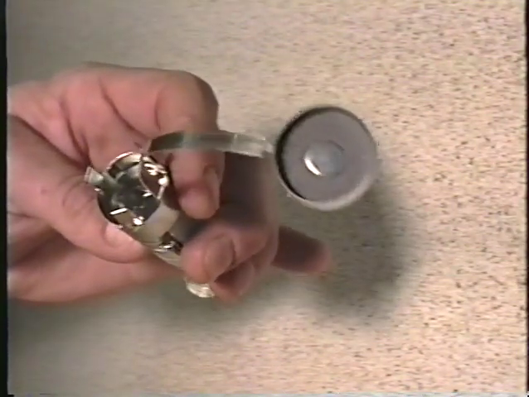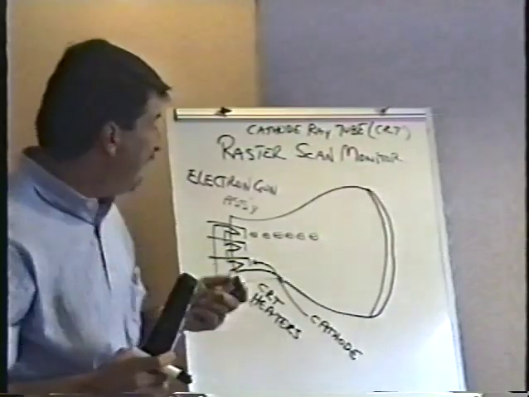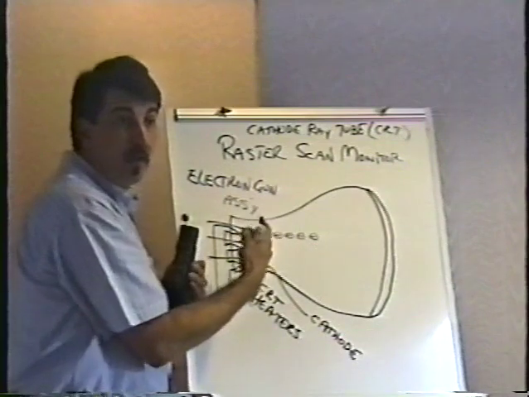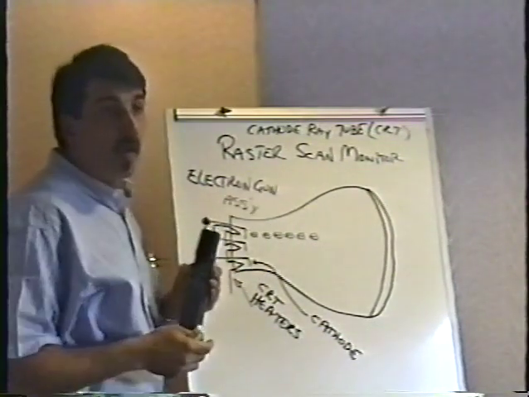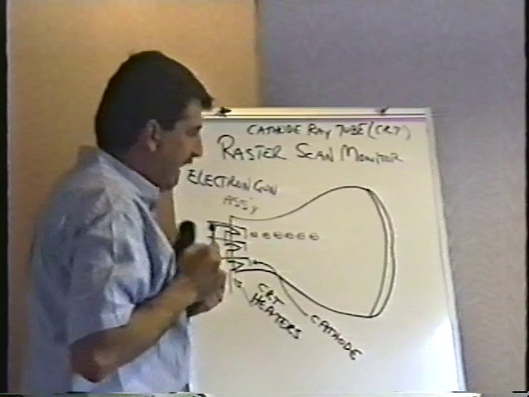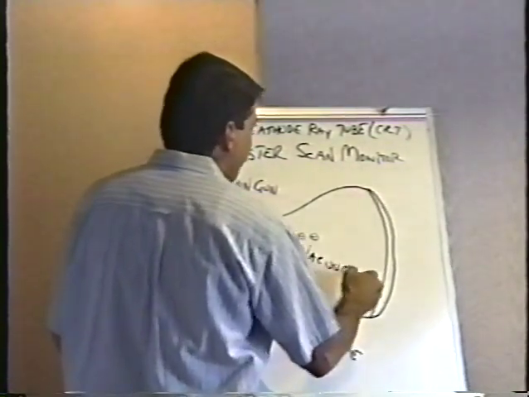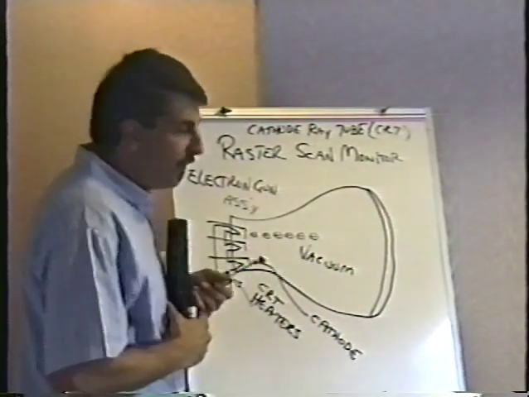It's very important that they get all the oxygen out, because if they leave any oxygen inside the picture tube, the heaters will burn up. Just like there's no oxygen in light bulbs, there's no oxygen inside the picture tube. Inside the picture tube, it is a vacuum, meaning there ain't no air in there.